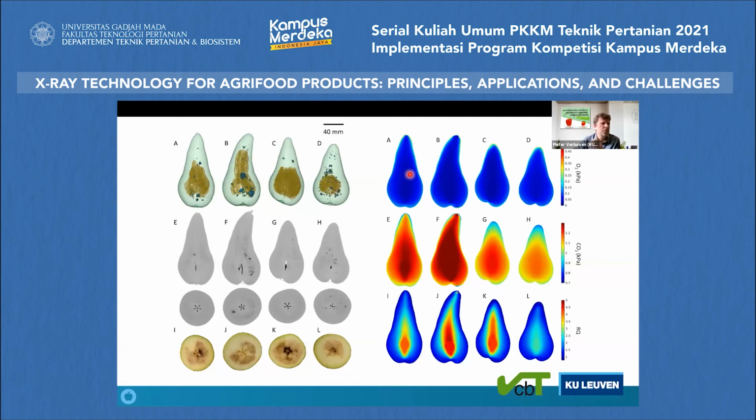We compute these diffusion coefficients, solve the oxygen transport, but also other compounds like CO2. You get these gradients in the tissues, and in the end, we can compute physical parameters, like in this case, a respiratory quotient, which I will not detail, but it's a measure that can be closely related to the occurrence of the disorder.